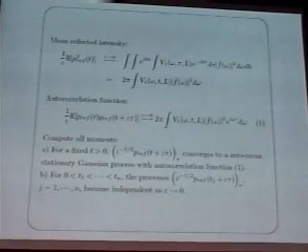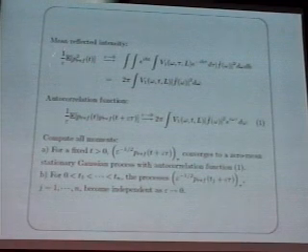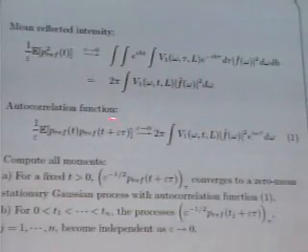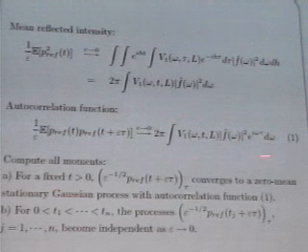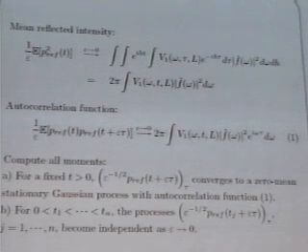And you can go even further. It gives you the asymptotic of the mean reflected intensity, and you can compute the autocorrelation function, the limit of the autocorrelation function. You will get exactly the same type of expression. And you can compute actually all the moments.